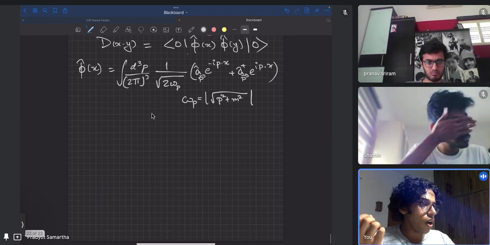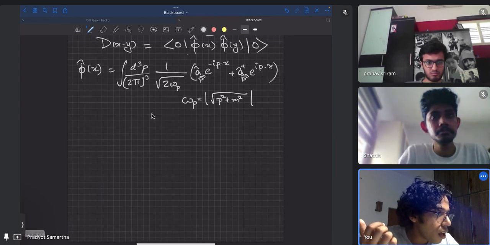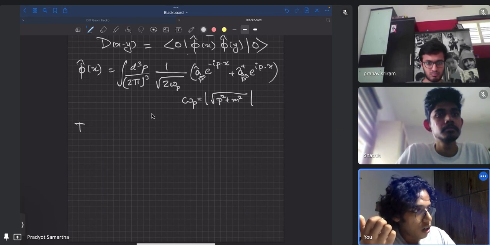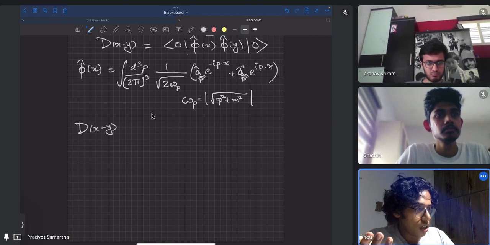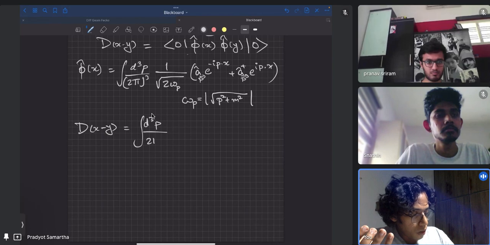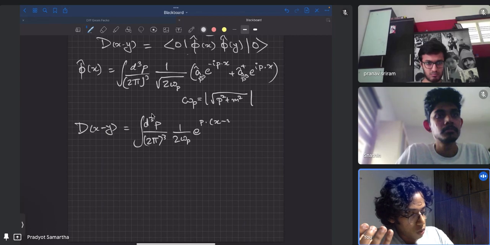Then you have the Wightman function, which is equal to the integral of d^3p by (2 pi)^3, 1 by 2 omega p, e to the power of i p dot (x minus y).